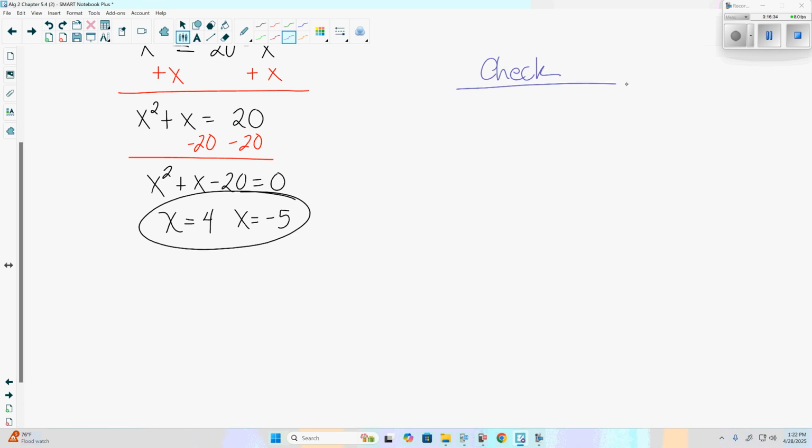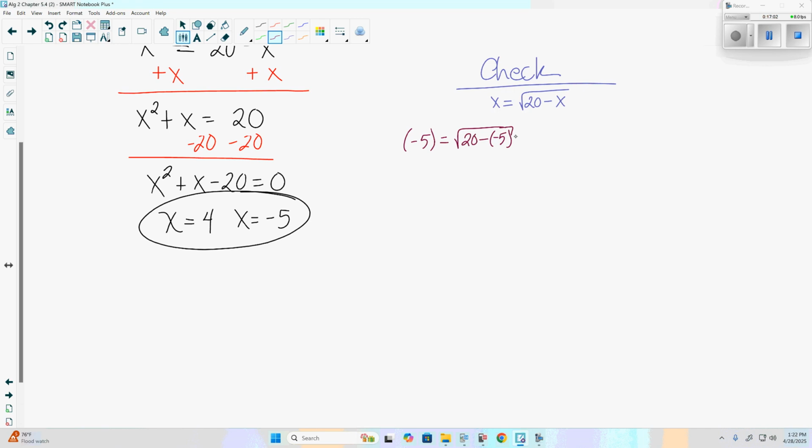Now it might be good to check these in the square root of 20 equation. So our starting equation was x equals square root of 20 minus x. Now there's a good chance, like we saw in the last one, the negative answer is probably not going to work. So negative 5 equals the square root of 20 minus negative 5.